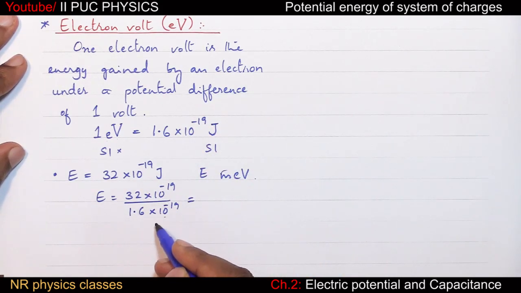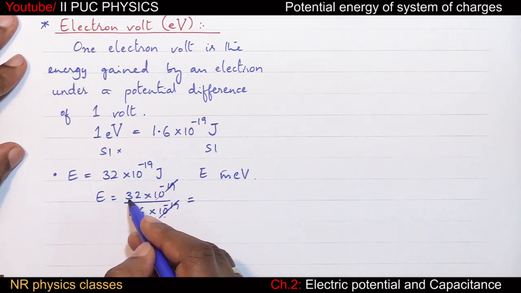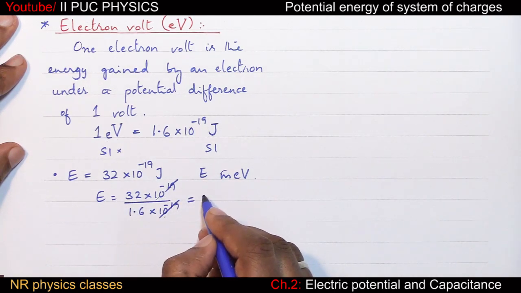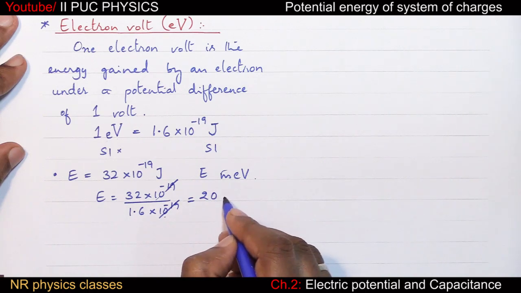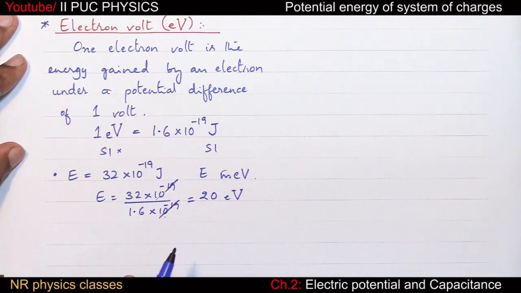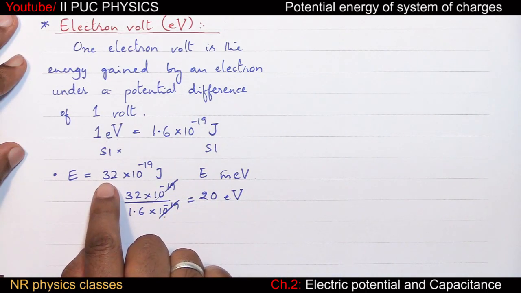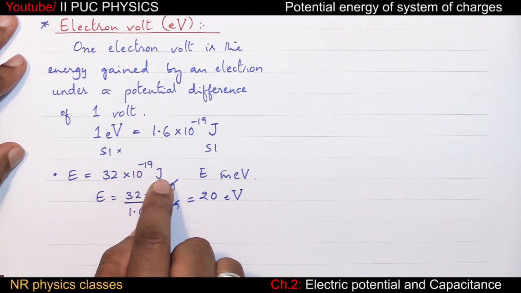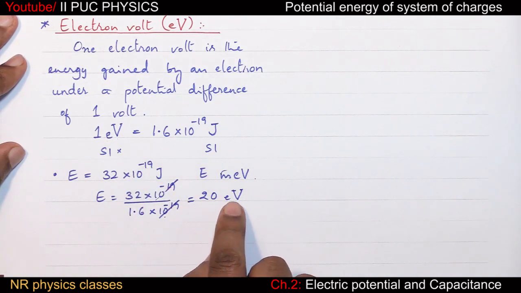Now simplify. This cancels. 32 by 1.6 is 20. So 20 electron volt. So energy 32 into 10 power minus 19 joule corresponds to 20 electron volt.